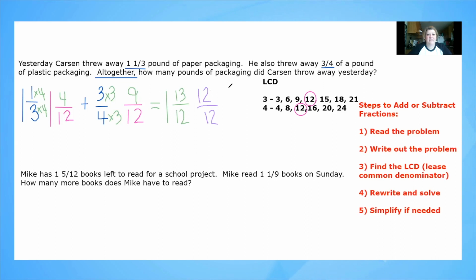If I have one whole here, and I have one whole here, I am going to be left with 2 wholes. But how many do I have left here? Well, 13 minus 12 is 1. So I have 2 and 1/12.